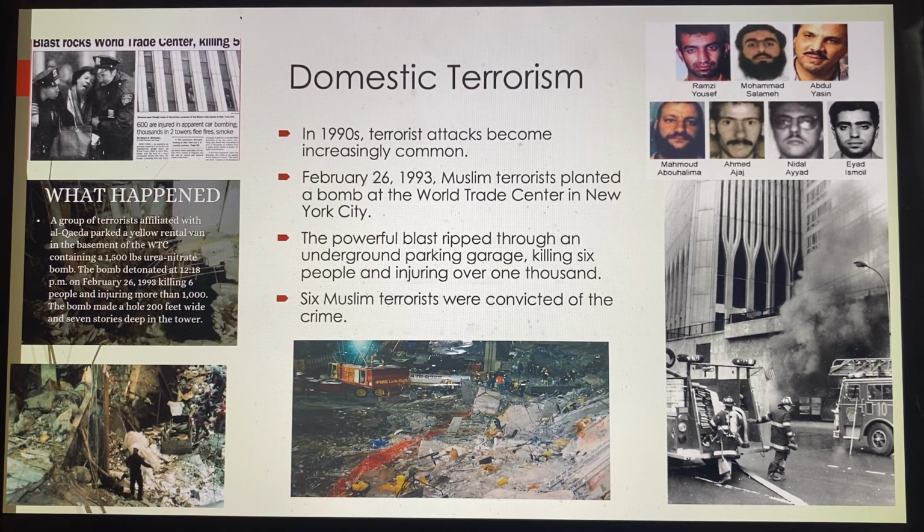So the bomb detonated at 12:18 p.m. on February 26, 1993. So here we have pictures of the devastation of the World Trade Center. Here we have the Al Qaeda here. All of these guys, these 6 Muslim terrorists that were convicted of the crime. So this is just the beginning.